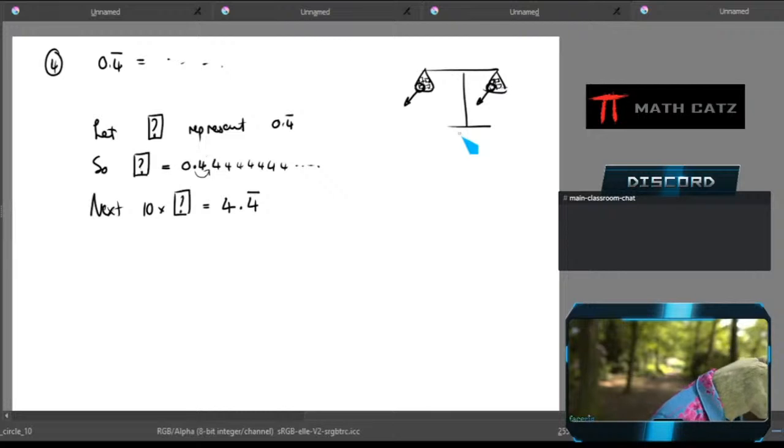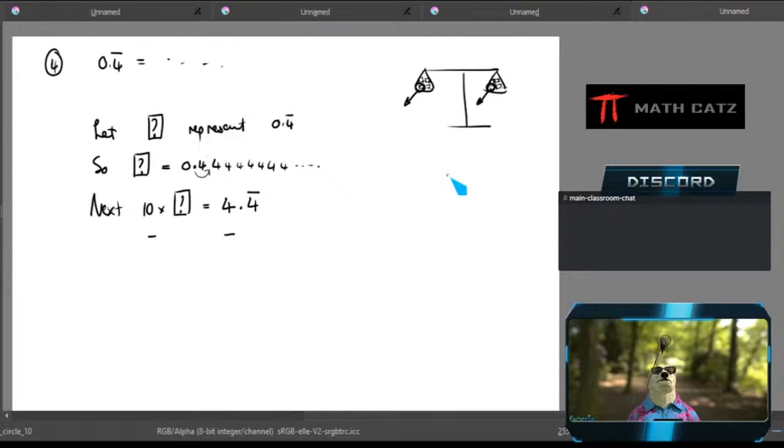Everything's still going to be balanced because I took the exact same amount on both sides. So that means if I subtract the same thing on either side, then the equal sign is still good. The equal sign means balance.